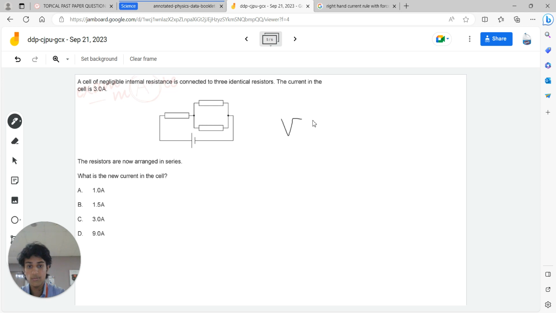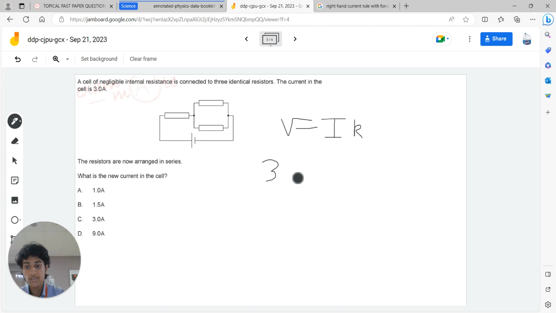And voltage is equal to IR. In the first case, as seen on the diagram, the I would be 3. For the resistance, we have one resistor in series and then two in parallel.